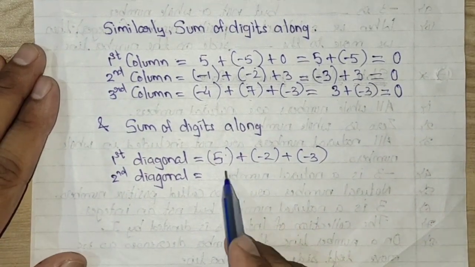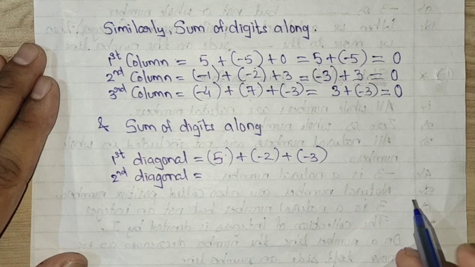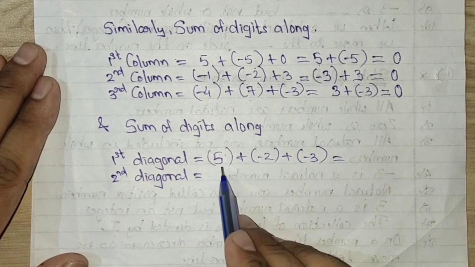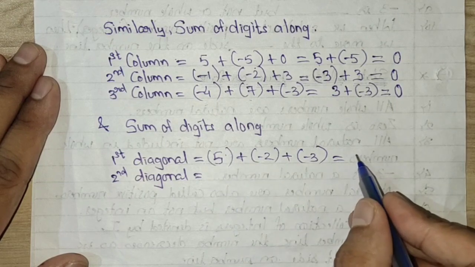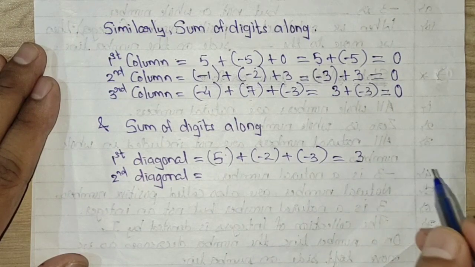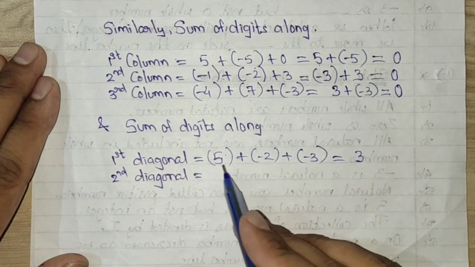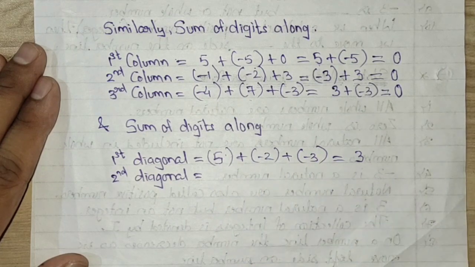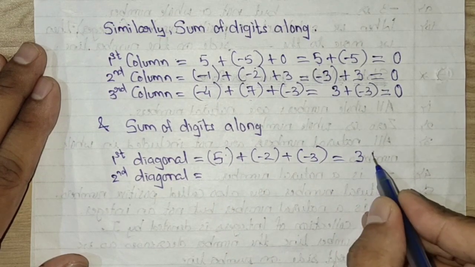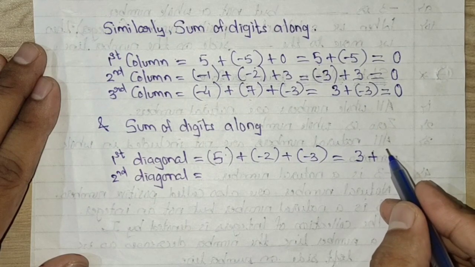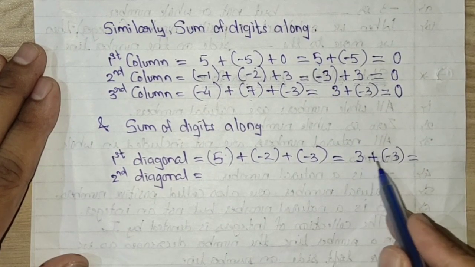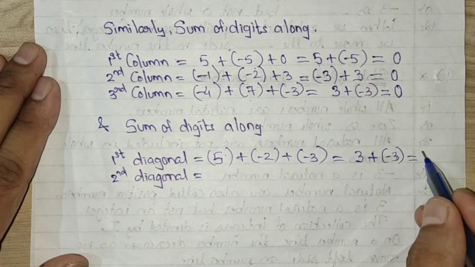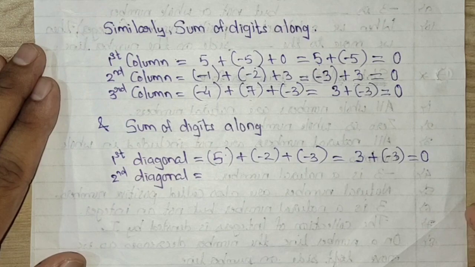What we will do? We will add the first two integers, 5 and minus 2. Because they are unlike signs, we will subtract. So on subtracting 5 minus 2, we will get 3, and the larger integer is 5, so it will be plus. Now again adding minus 3. See students, unlike signs, and the numerical values are same, so the answer will be 0.